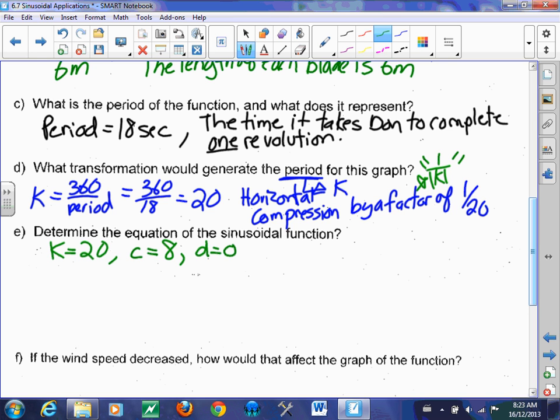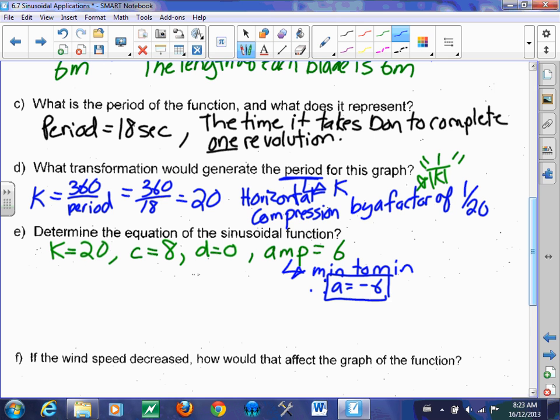But what we have to be careful at is the amplitude. We know the amplitude equals 6. However, remember our base function is negative cosine. So since it's going min to min, therefore A is going to equal negative 6.